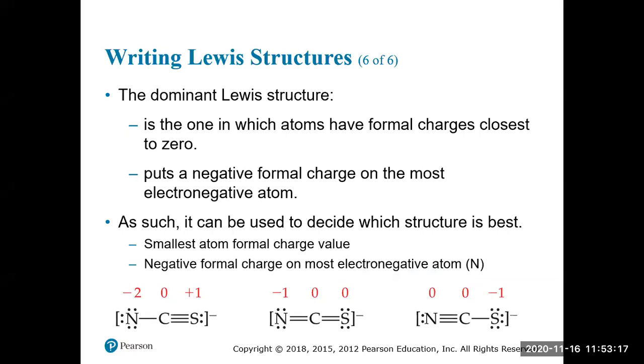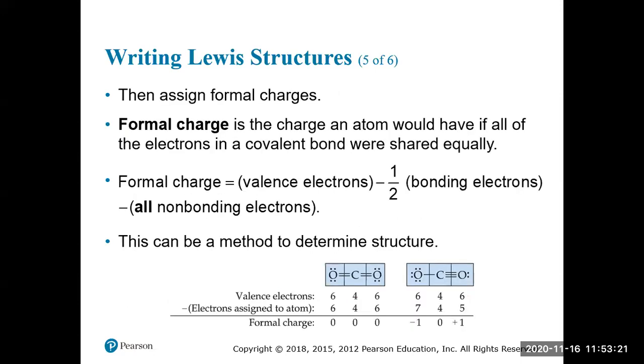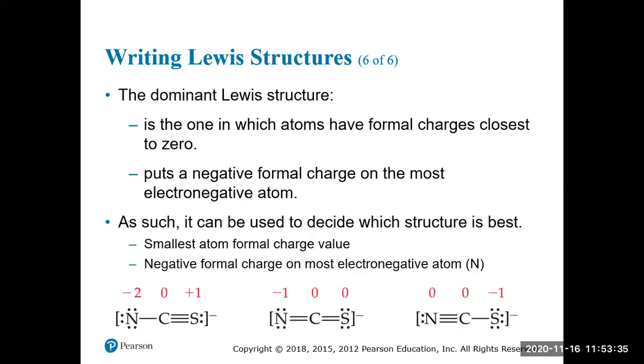So we could go through that same exercise as we did. Remember here, we looked at the number of valence electrons. We totaled up the bonds, 1/2 times the bonding electrons, and then the non-bonding electrons. We did that subtraction to get our formal charge. So we could do a similar exercise here with the nitrogen, carbon, and sulfur.